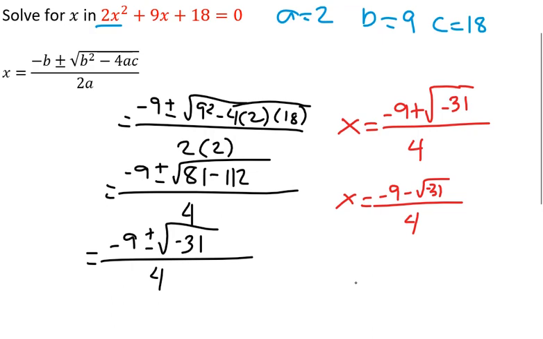Simplify ba natin to? So, hindi na. So, ito na yung sagot. So, ang value ng x natin ay negative 9 plus square root of negative 31 over 4. At x is equal to negative 9 minus square root of negative 31 over 4. So, biruin mo, may value pa pala yung mga x natin.